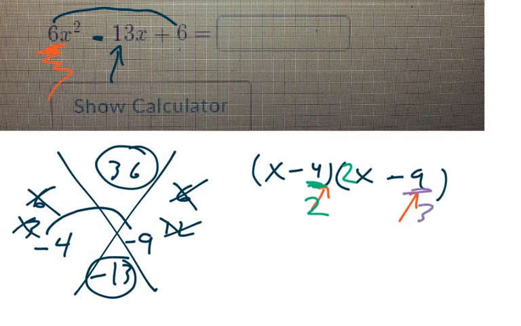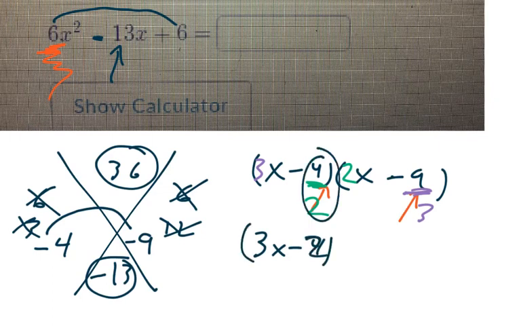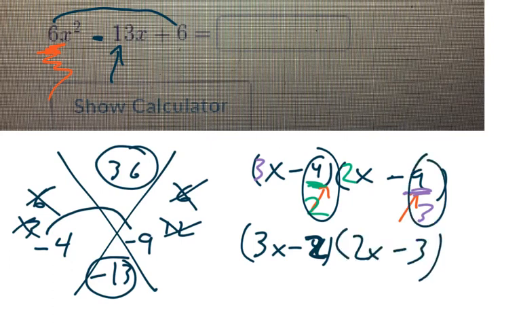Divide this one by 3 times the other one by 3. Kind of like doing a little flip-flop in there. But what's our final result? 3x minus 4. Oop! 4 divided by 2 is 2. Almost forgot. Watch that. 2x minus 3. 9 divided by 3 is 3.